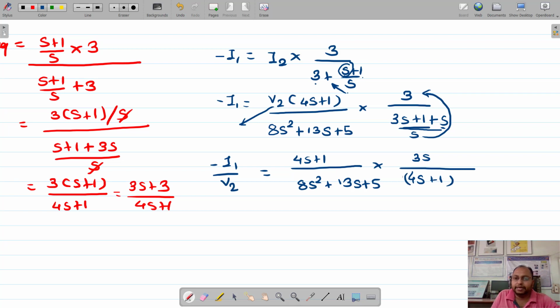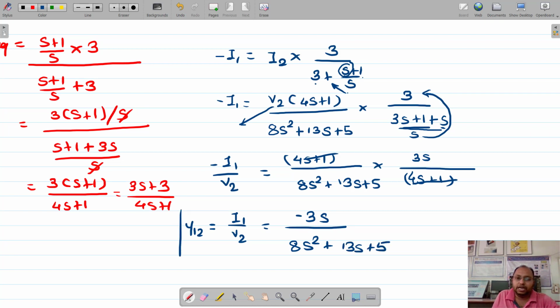So let us cancel this bracket again, and let us transfer that minus sign as well. So I1 by V2 is nothing but our y12. Is it right? Therefore minus 3s divided by 8s square plus 13s plus 5 is our y12.